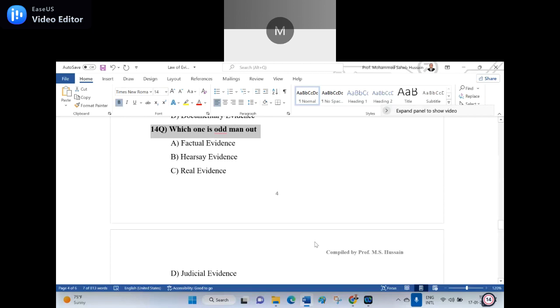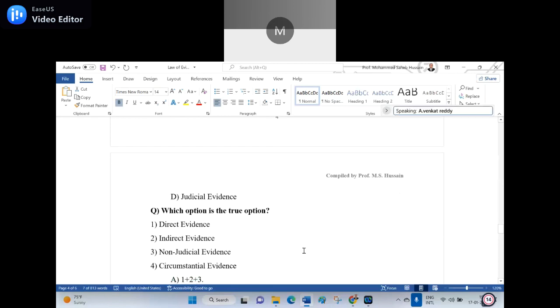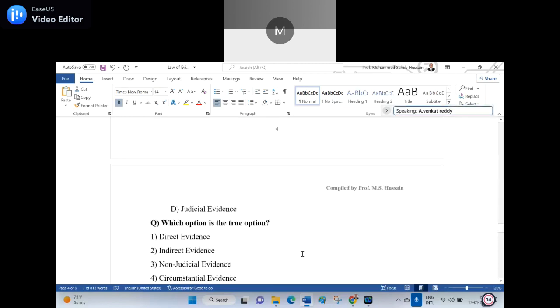Sir, C, real evidence. No, it is there. A is correct, sir. Factual evidence is the odd man out. There is no factual evidence. Real evidence is there, hearsay evidence is there, judicial evidence is there, but not factual evidence.